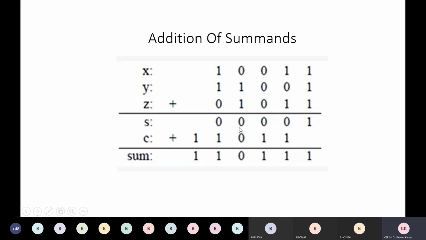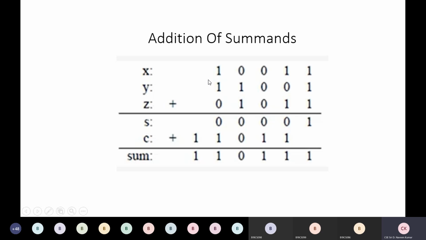And remember this: while adding these three numbers, we separately write the sum here and the carry here. That's why we call it carry save addition, because we are saving the carry. First we save the carry in this way, and later we add it.